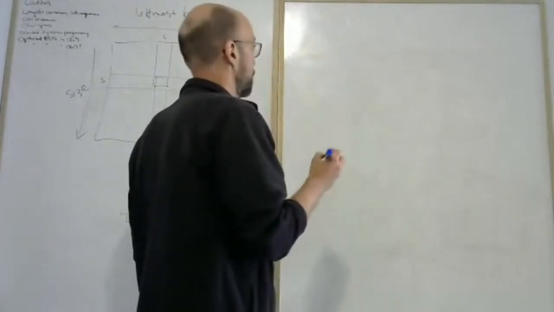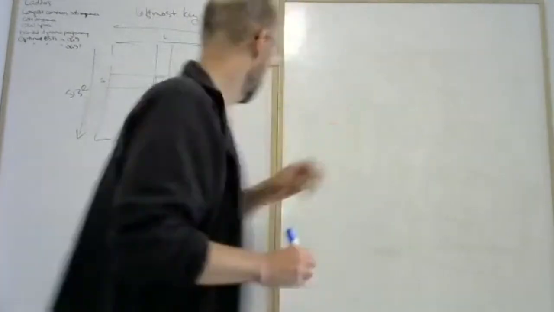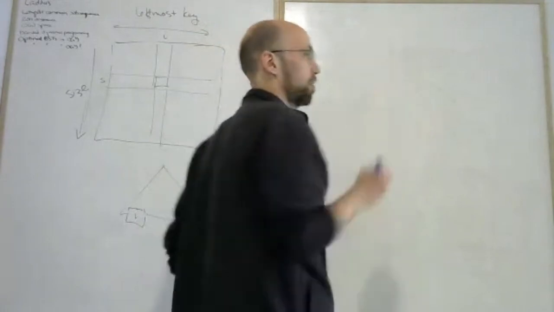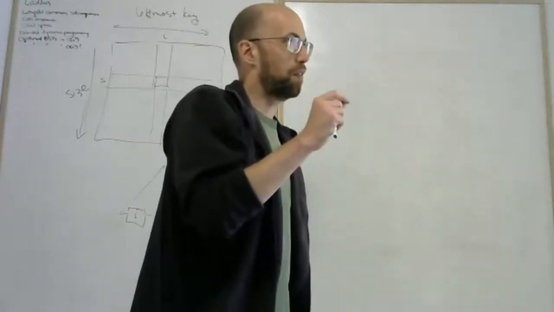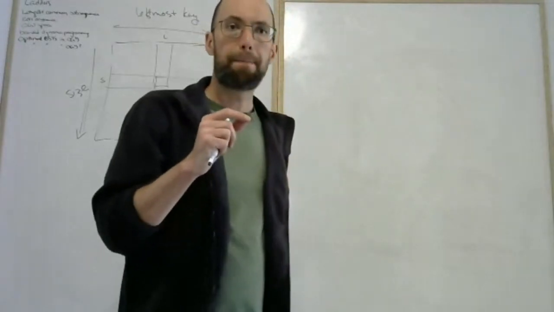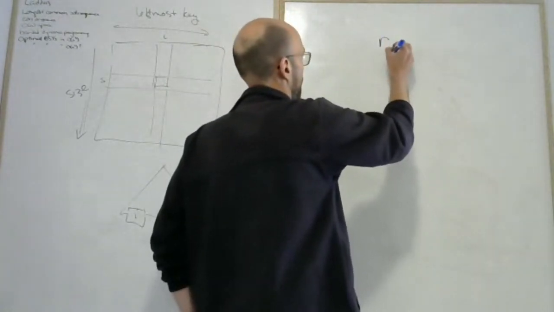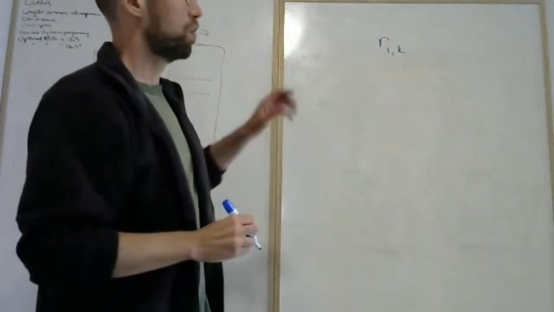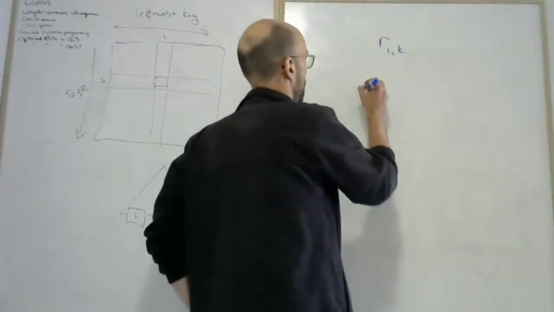What you have is, if you want to work out the optimal root for the keys x_i to x_k, let's say that's r_{ik}.